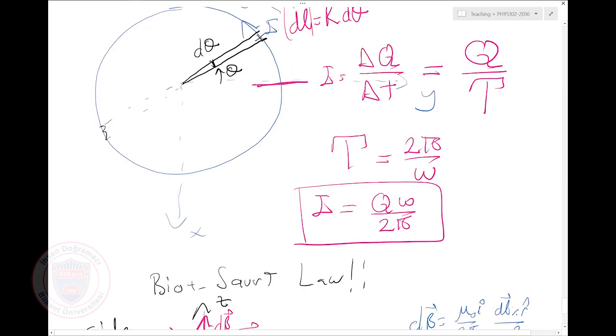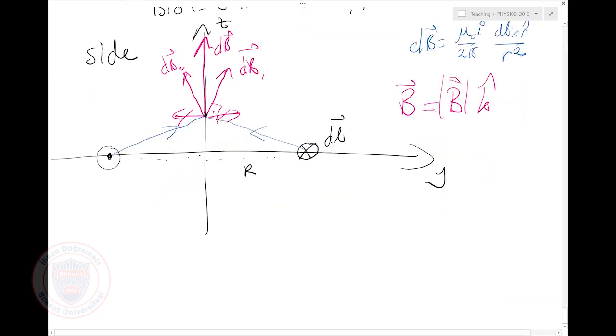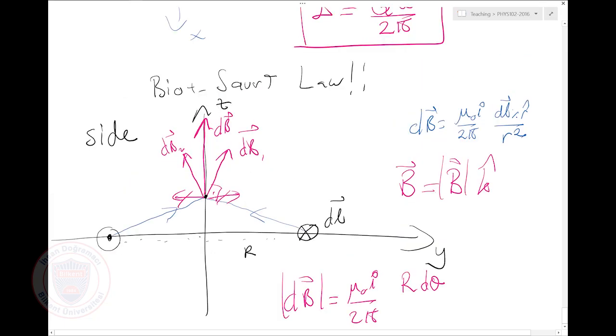Then how about dL cross R? dL and R are actually perpendicular to each other, right? So dB magnitude is going to be mu 0 I over 2 pi, dL is R d theta, right?